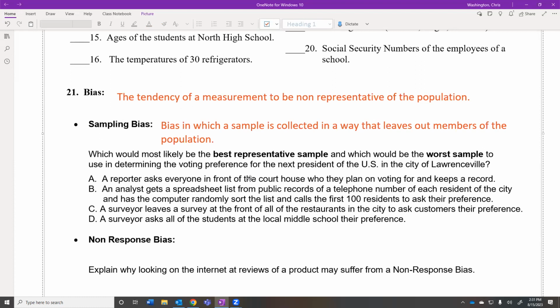The computer randomly sorts that list, and then we choose the first 100 off that list. C, a surveyor is going to leave a survey at the front of all the restaurants in the city. You're just going to leave it there, and then people can fill it out if they want to. Or D, a surveyor goes to a local middle school and asks the students at the local middle school their preference. So of those four, which one do you think might be the best?